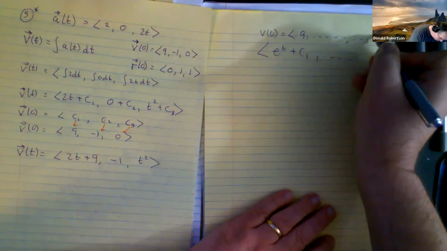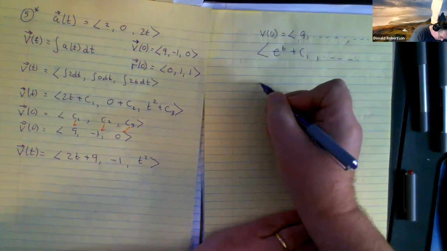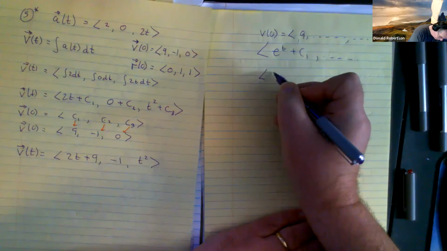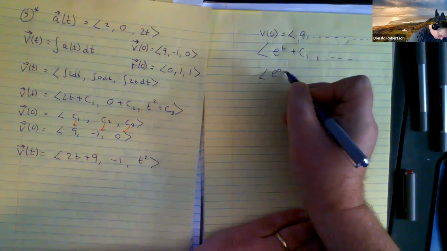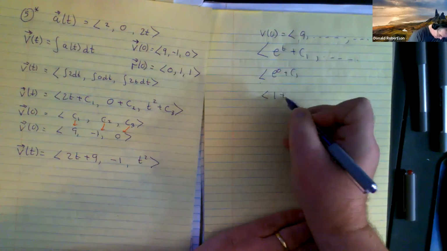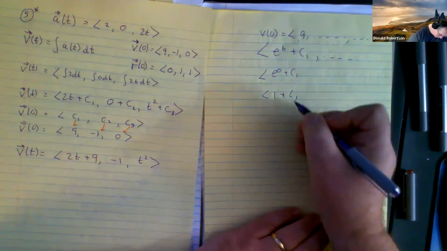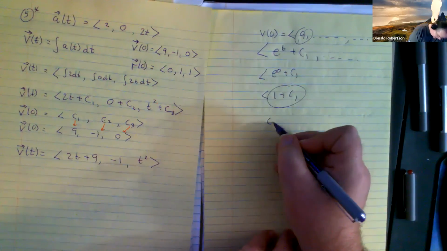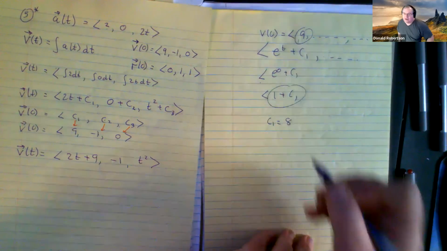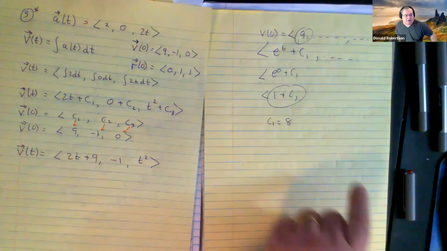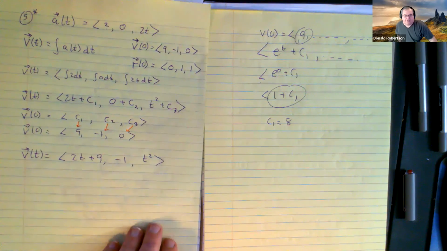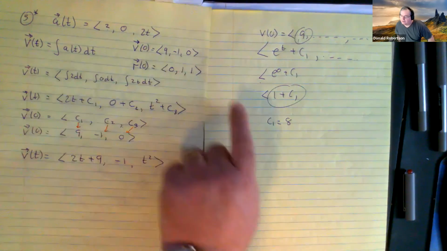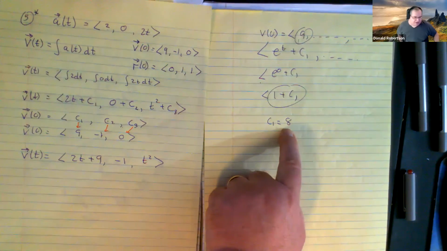When you do a matchup with e to the 0, don't you get e to the 0 plus c1? Don't you get 1 plus c1? And that equals 9, which makes c1 8. So what I'm trying to say is, don't get into the habit of thinking, oh, well, they just mean C1, C2, and C3. You see, they don't always do that, right? Even in this case, they did.